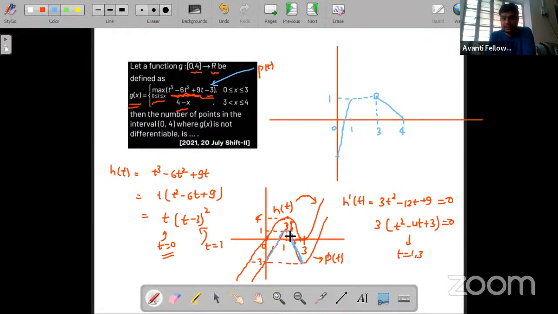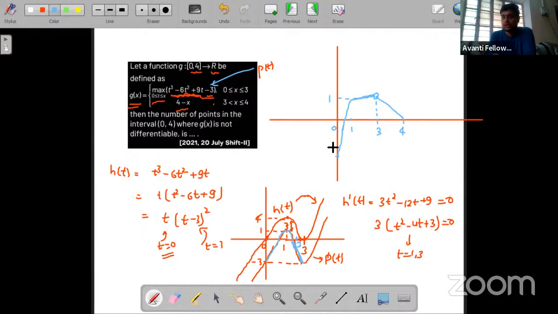Okay, after 1 to 3, what is the maximum value of this function? It is 1, because whatever value you take, say x equals 2, what is the maximum value of this graph? 1. So every time from 1 to 3 we are getting 1.